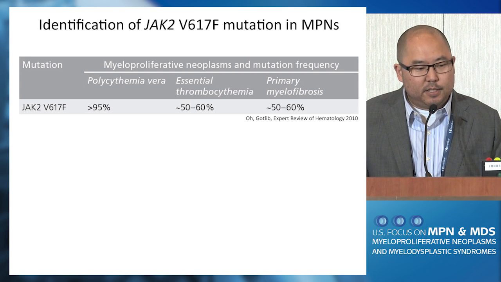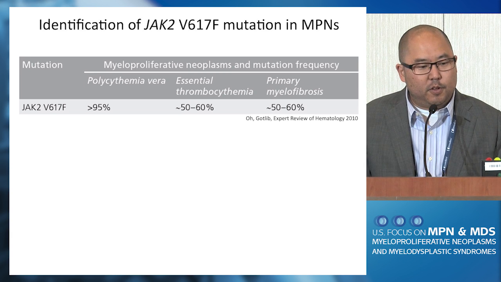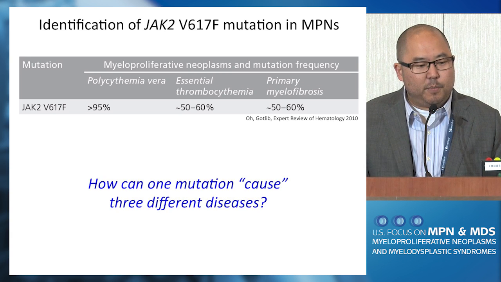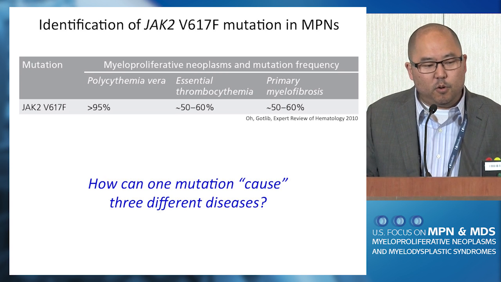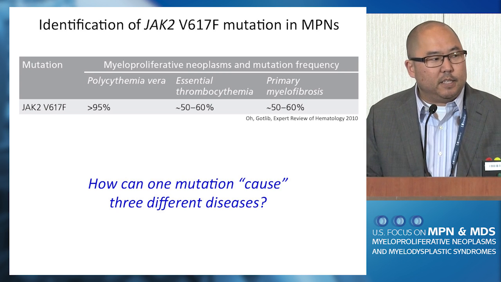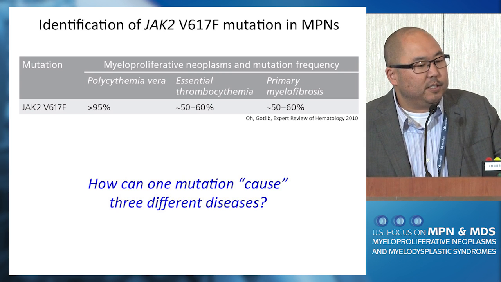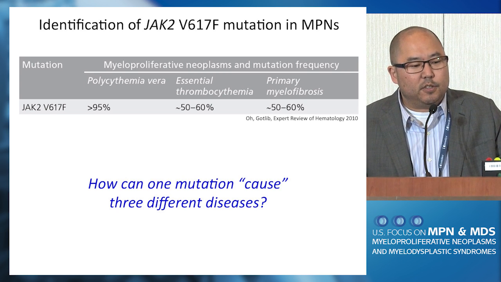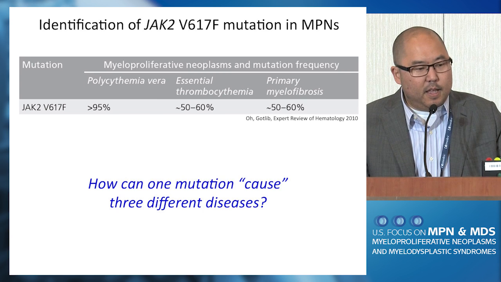Since this initial discovery, those of us in the field have pondered a basic question: how can you have this singular mutation which, quote unquote, causes three different diseases? Certainly, PV, ET, and myelofibrosis share many characteristics clinically, but they are distinct in many ways.